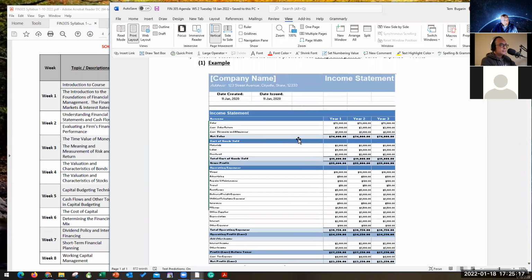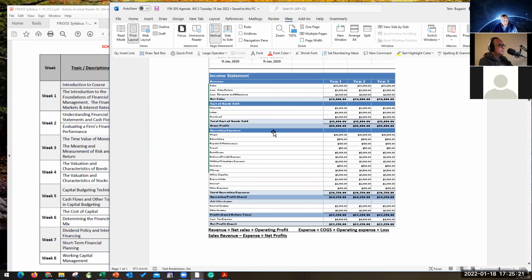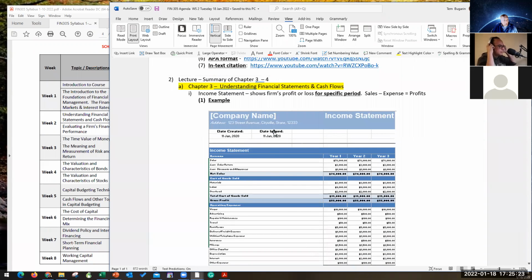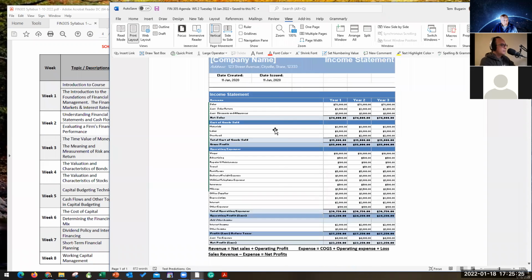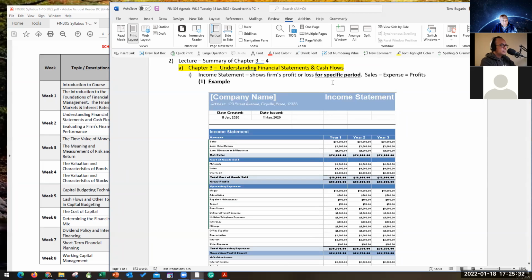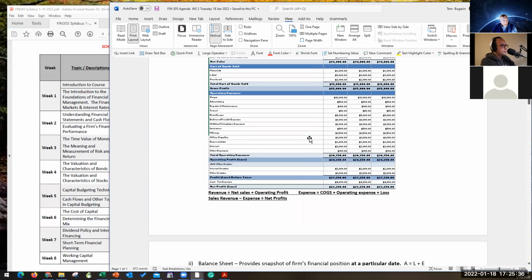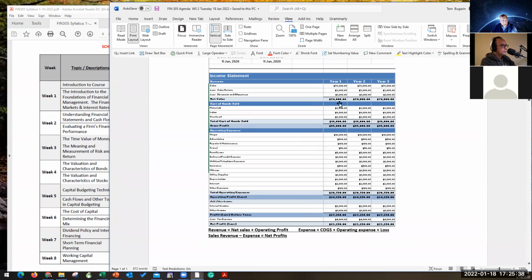Okay. Now, there are different examples of income statements. This one here is an example. One good thing about this income statement is that it gives different years, but the important thing is that it's for a specific period. Most of the time, with an income statement, you'd be looking at just one year.